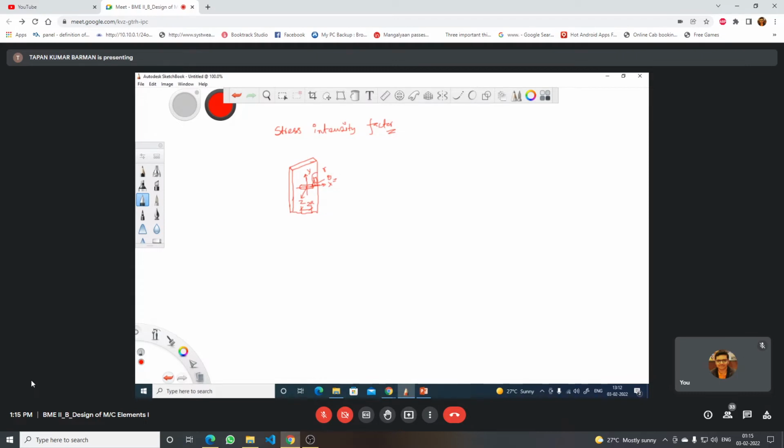Now I can highlight this portion here later on. Say this is my crack tip position. From here, basically angle is theta, this radius is r.